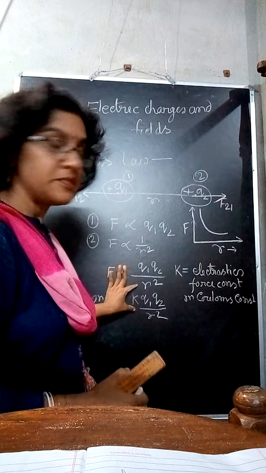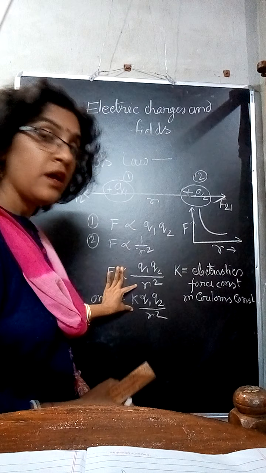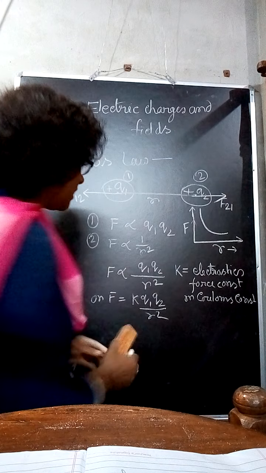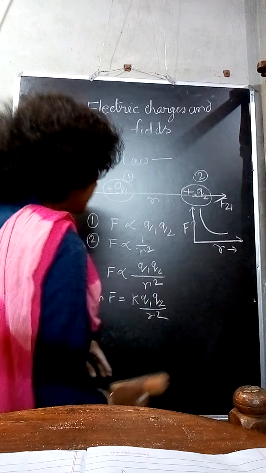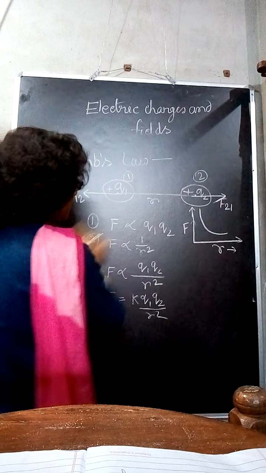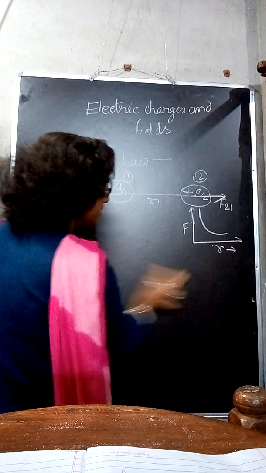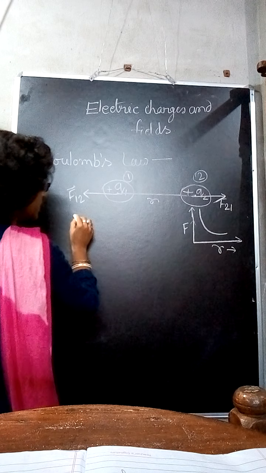Its value depends on the system of unit used and on the nature of the intervening medium. Now, with the changing of the system of unit, let's see what is Coulomb's law. Its mathematical form will change with the system of unit.